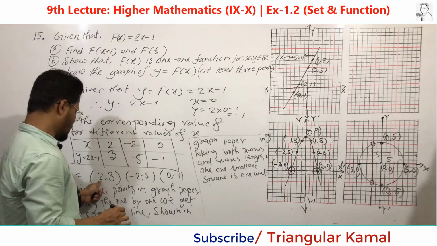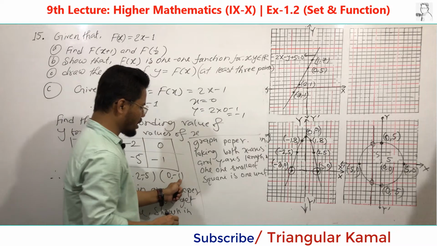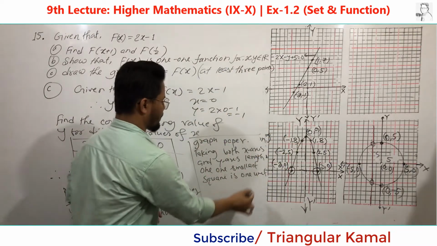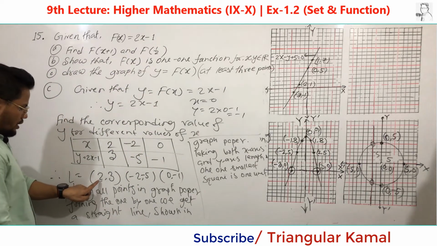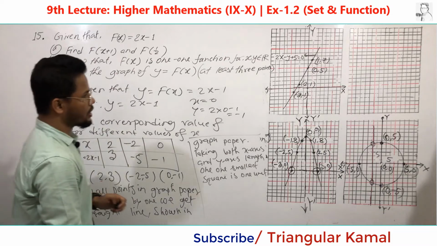This is the unit: 2 unit, 3 unit, minus 2 unit, minus 5 unit, 0 unit, minus 1 unit. So 1 square length will be 1 unit. First we will apply the point 2, 3.